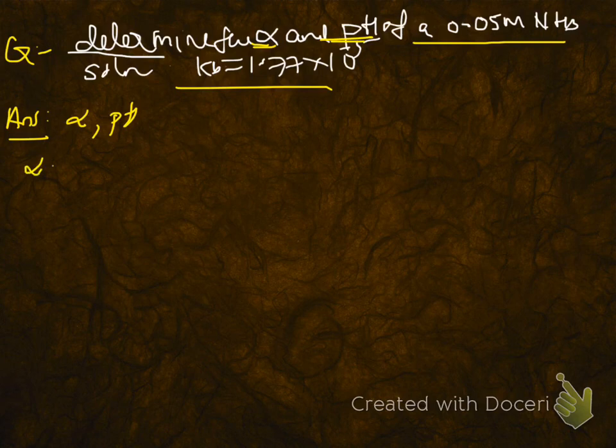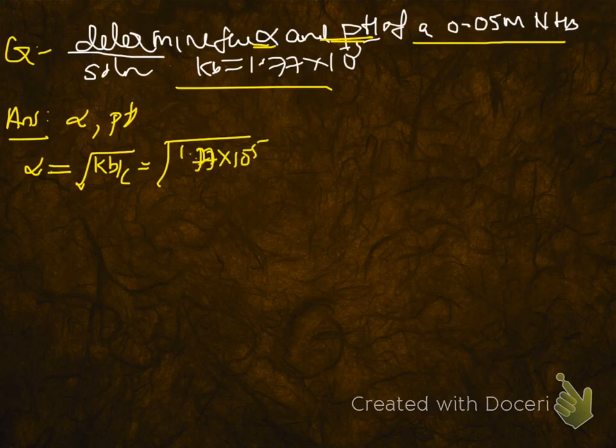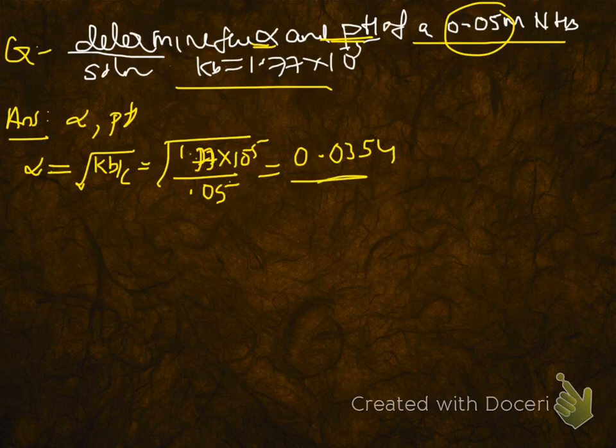At first, what is alpha? Ammonia is a known weak base. So alpha can be calculated through root of Kb by C. Kb is 1.77 into 10 raised to minus 5 divided by concentration 0.05, and we will get 0.0354. It is alpha.